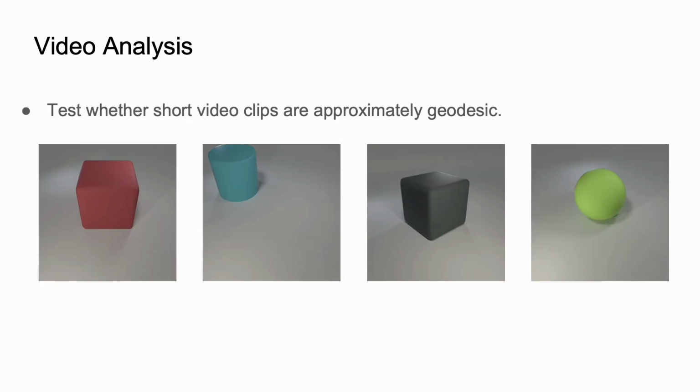In the first part of the experiment, we aim to test whether video clips are approximately geodesic. To start with, we first generate a large set of short videos involving variations such as camera motion, object attributes like locations and colors, and environmental factors like lighting.